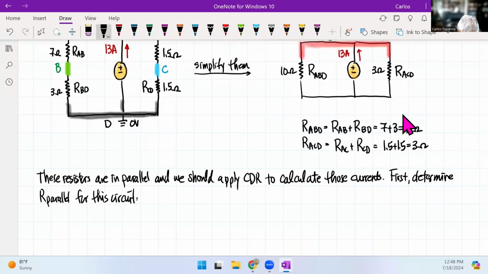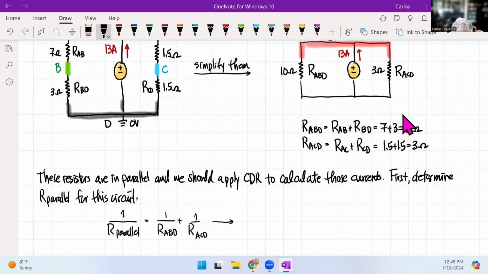Maybe I should be more careful. If I have 1 over R parallel, that's going to equal 1 over RABD plus 1 over RACD.